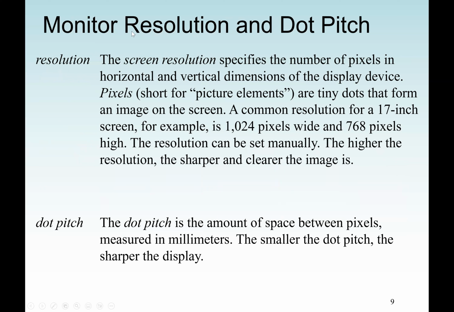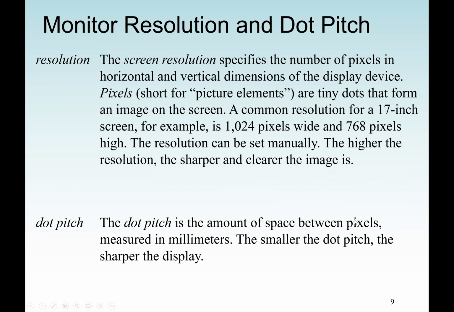Normally a monitor has a resolution and a dot pitch. The resolution is the screen resolution. We specify the number of pixels in the horizontal and vertical dimensions of the display device. Pixels, in short, means picture elements, which are tiny dots that form an image on the screen.